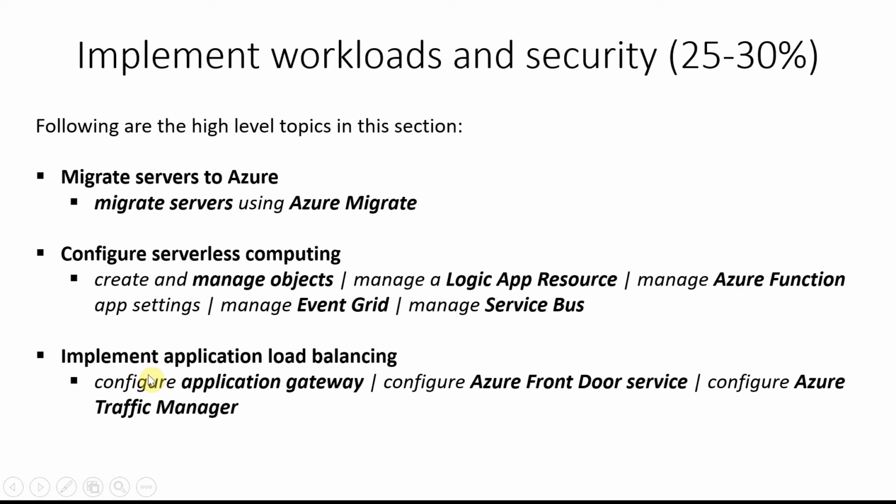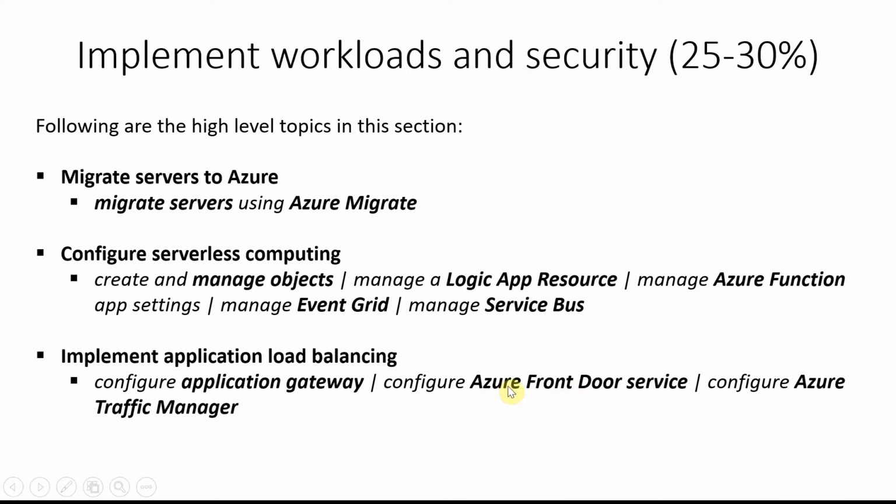Also, this implements application load balancing. Load balancing is about how you balance a high load. The primary tool is Application Gateway. Then if you want to add a domain name, at the DNS level you can also do load balancing.